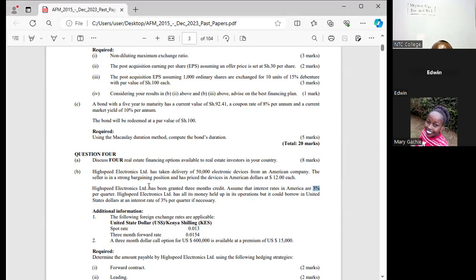That is where we are heading in our next class, where you will compare money market borrowing and lending. The following foreign exchange rates are applicable. The spot rate is given, 3 months forward rate is given. Which kind of quotation is that? Is it direct or indirect?